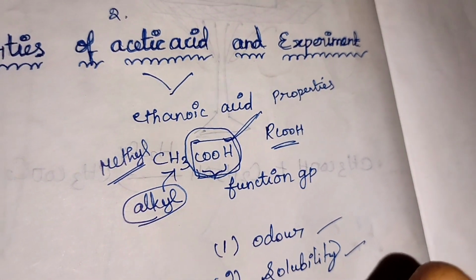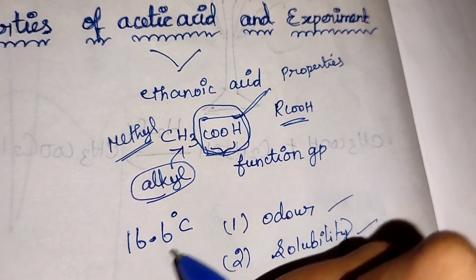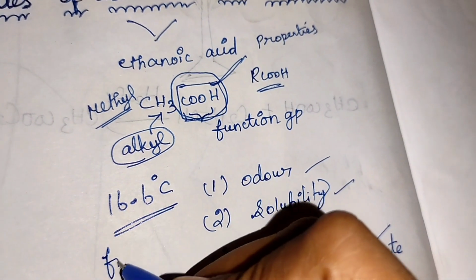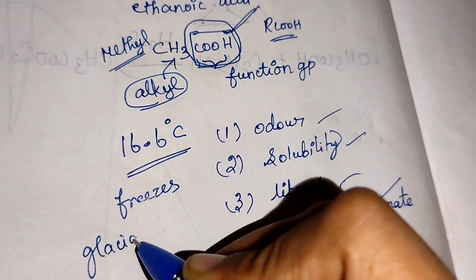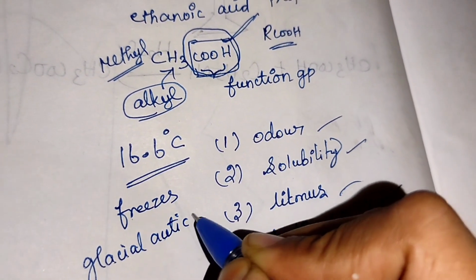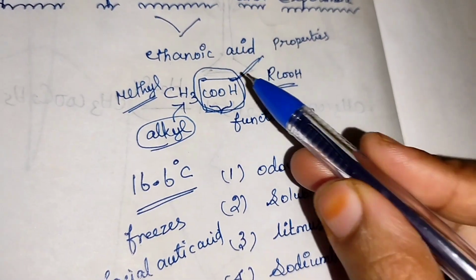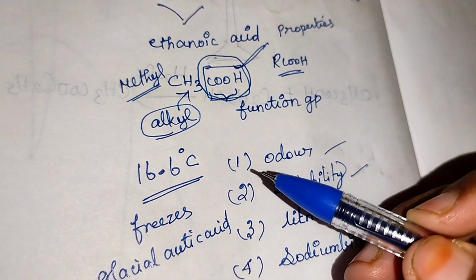Acetic acid, ethanoic acid, freezes at 16.16 degrees Celsius, so it is called glacial acetic acid. Why is it called glacial acetic acid? Because it freezes at 16.16 degrees Celsius.